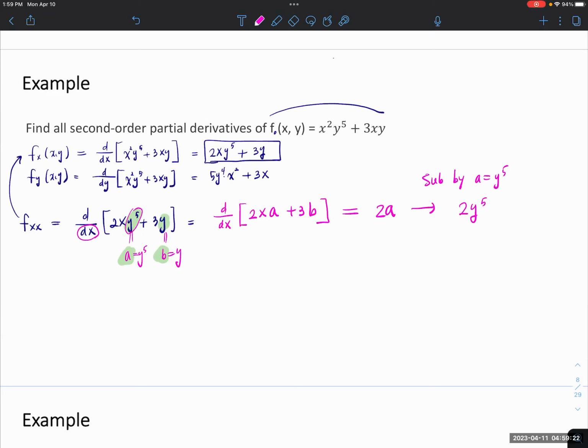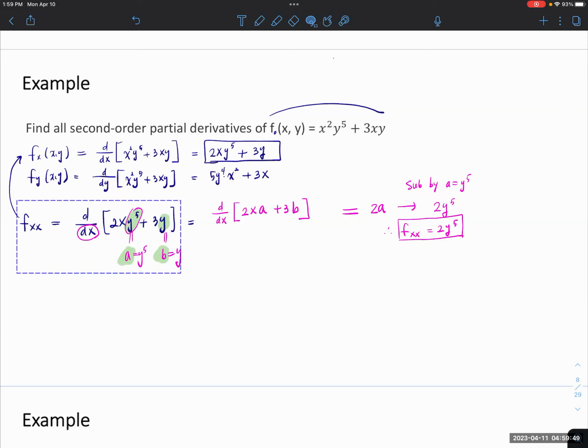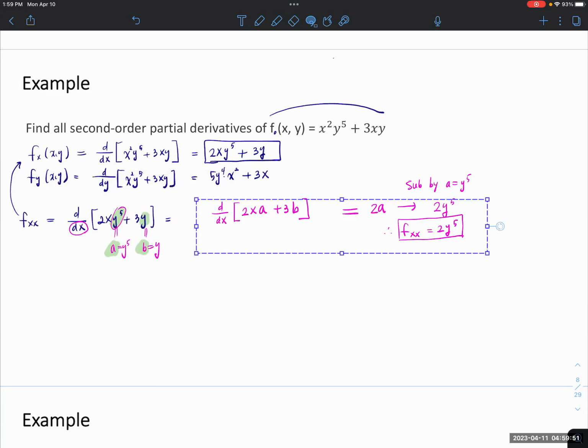So that's the answer. The second partial derivative fxx is 2y to the fifth. So that's the conclusion. This is how we are taking the second derivative. Nothing is special. We're just creating another a and b variable because that helps us to take the differentiation much easier. Okay, so I'm going to make it a little bit smaller. So that's what's happening.